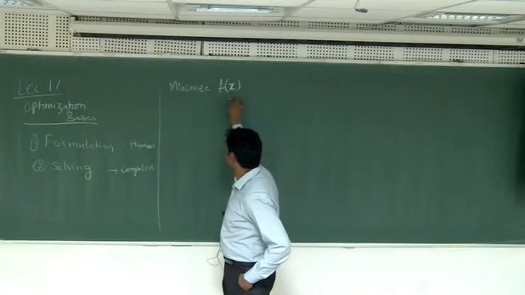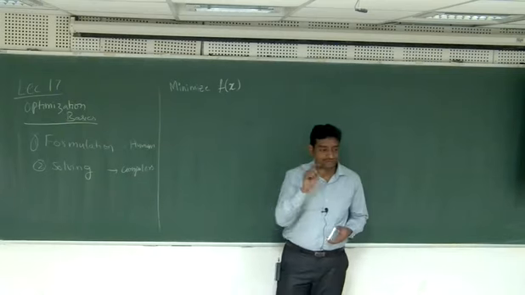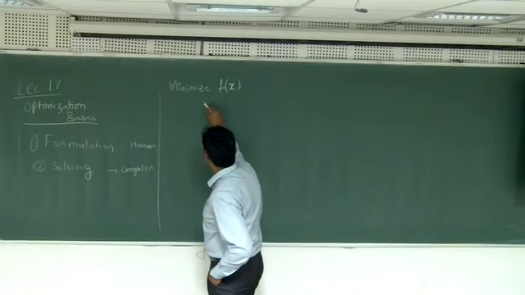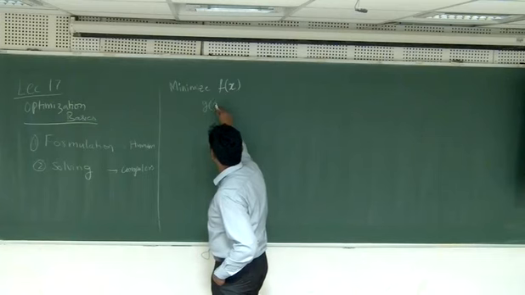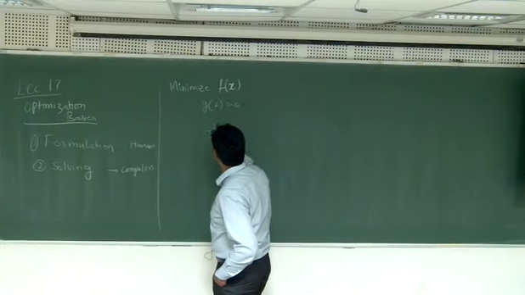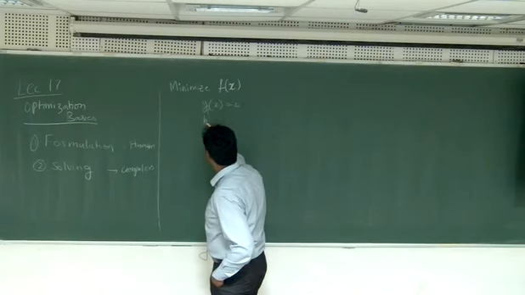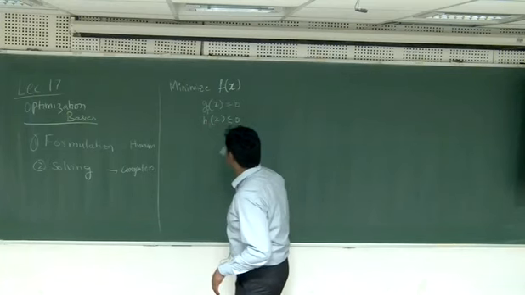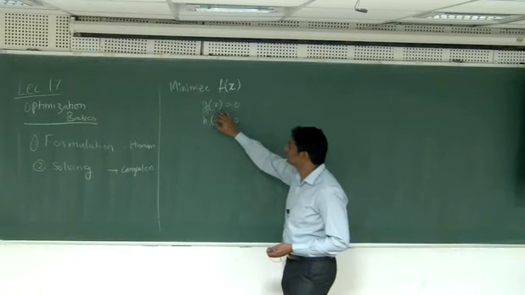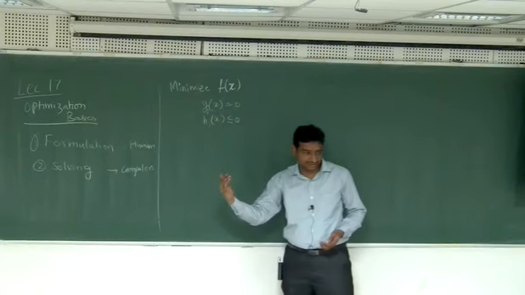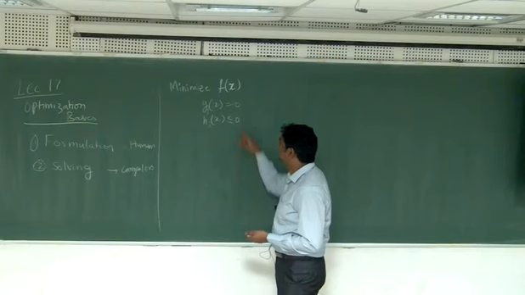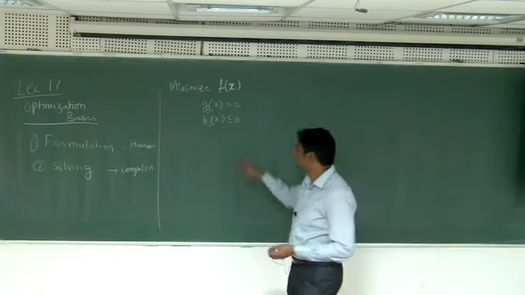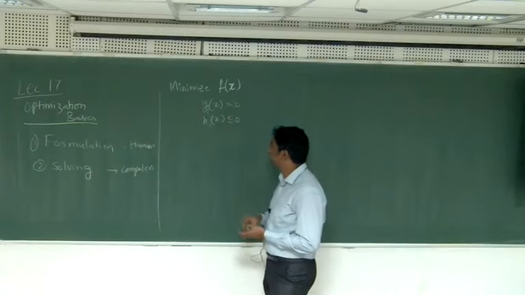I want to minimize this function, reduce its value as much as possible, subject to some constraints. Let's call it g_i of x equal to 0. Again, this x may be x1, x2, x3, a number of variables. We are assigning some conditions on the values of x. Similarly, this is an equality condition, and this is an inequality condition.